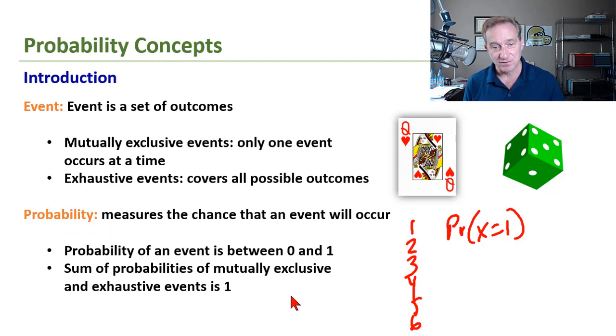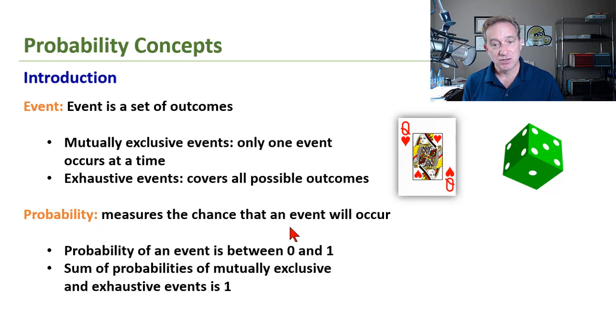I'm not showing you the math, but the definition has two aspects. A probability measures the chance that an event will occur, and the probability of the event must be between 0 and 1, right? That should be familiar.